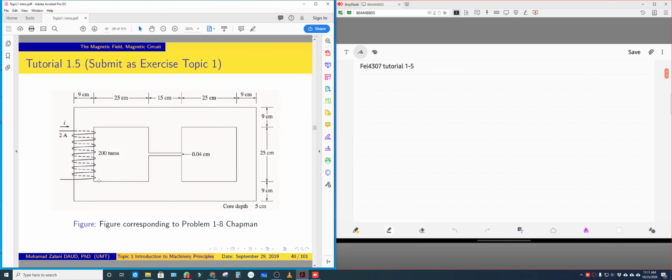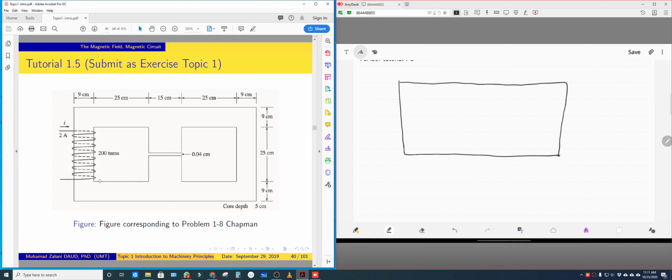So to start with, let me again write on my canvas. Okay, I will write down the core here with the corresponding dimensions given as in the question.